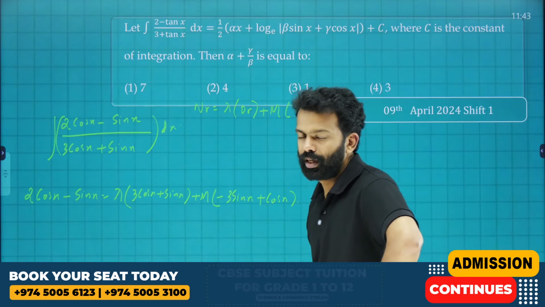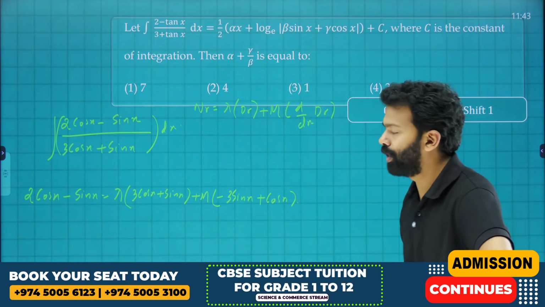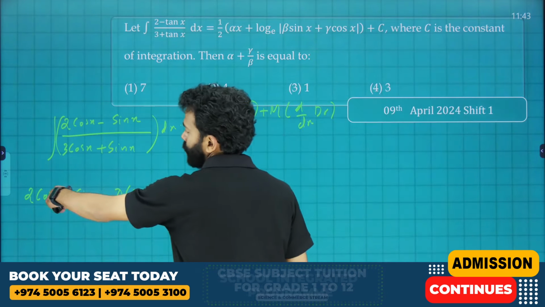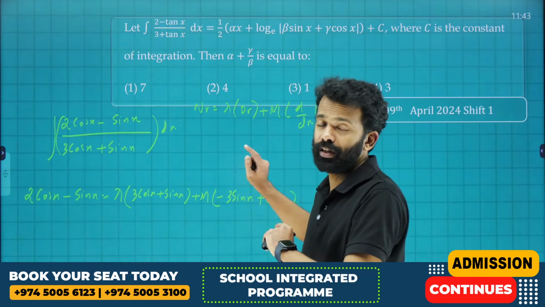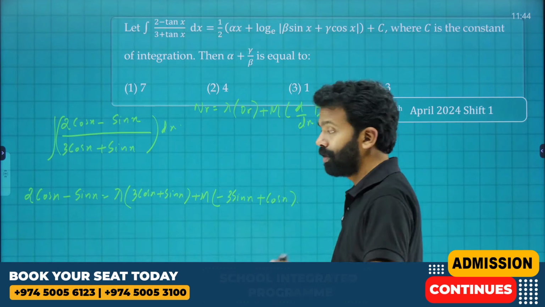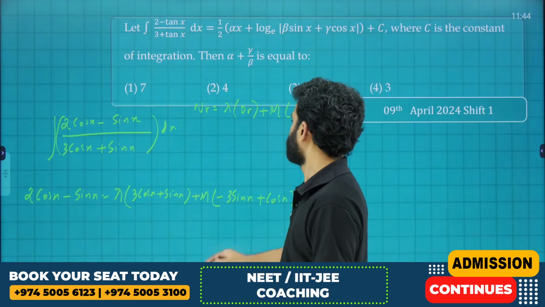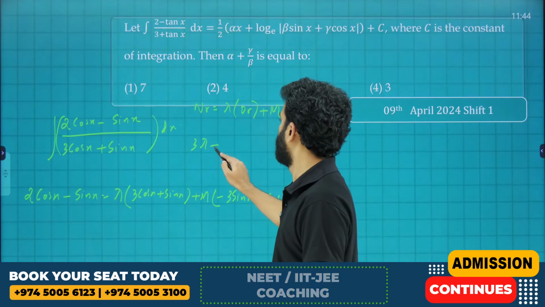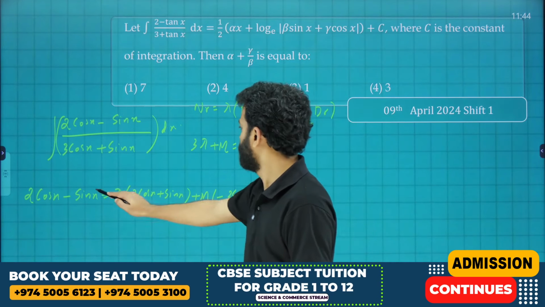And comparing the coefficients of corresponding terms of LHS and RHS, what is the coefficient of cos x here? 2. And what is the coefficient of cos x in the right hand side? That is 3 lambda plus mu. That is 3 lambda plus mu is equal to 2, and the coefficient of sin x here is minus 1.